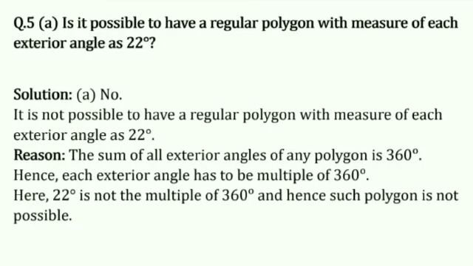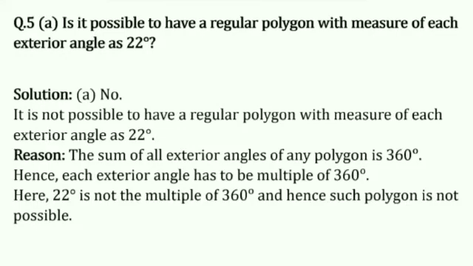Next, is it possible to have a regular polygon with measure of each exterior angle as 22 degree? So here we have to find out, can we draw a regular polygon with exterior angle as 22 degree? No. Why not? Because we know that the sum of exterior angle of any polygon is 360 degree.